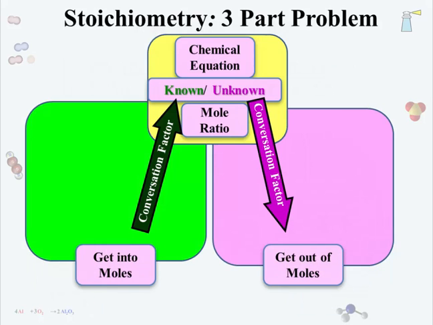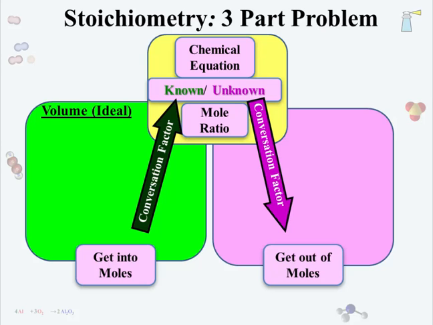In the stoichiometry problem-solving lecture, a graphical representation was used to visualize the 5 procedural steps and their orientation as a function of the 3 parts of the stoichiometry solution. That lecture focused on moving into and out of moles from mass, weight, and molarity of solution. Here it is gas.